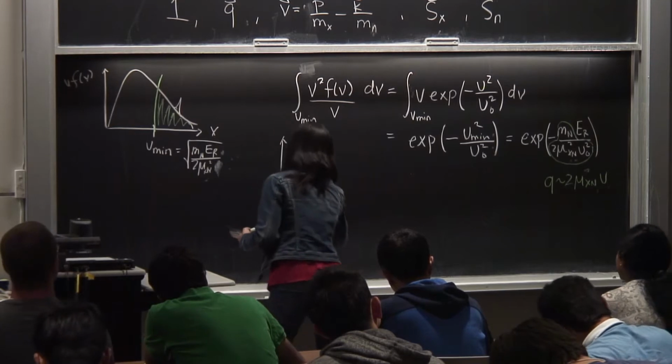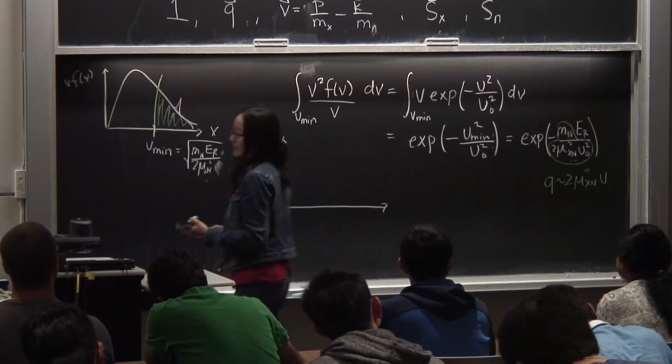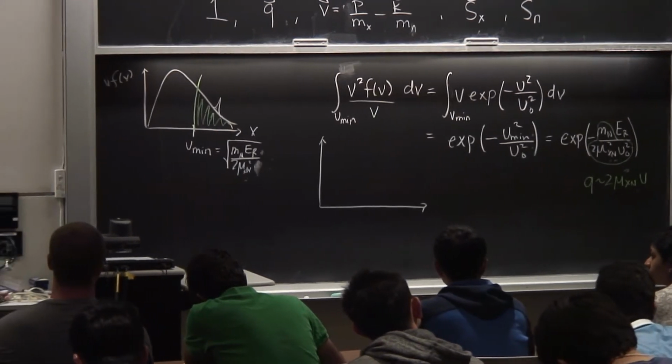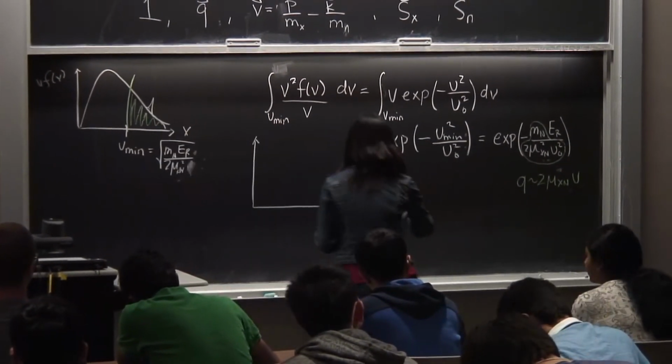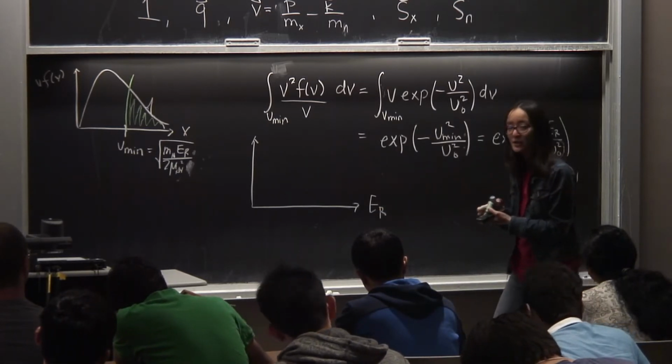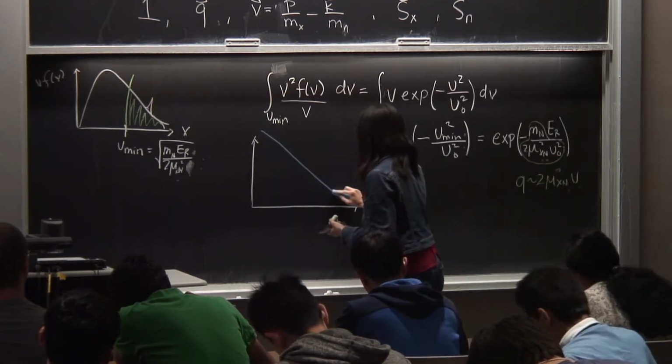Okay, so if I look at the recoil spectrum as a function of E of r, I can just sketch this exponential fall off for different dark matter masses, something like this.